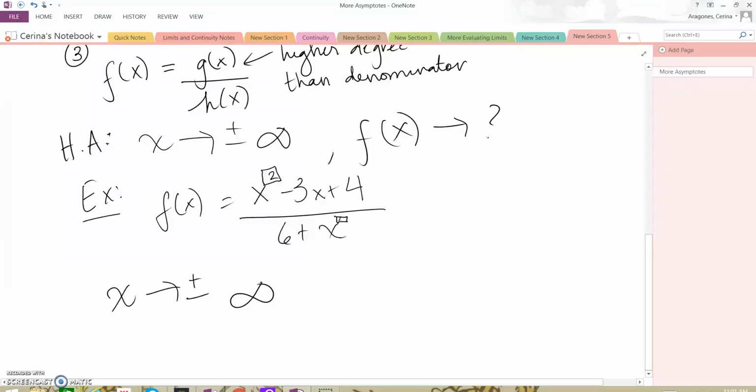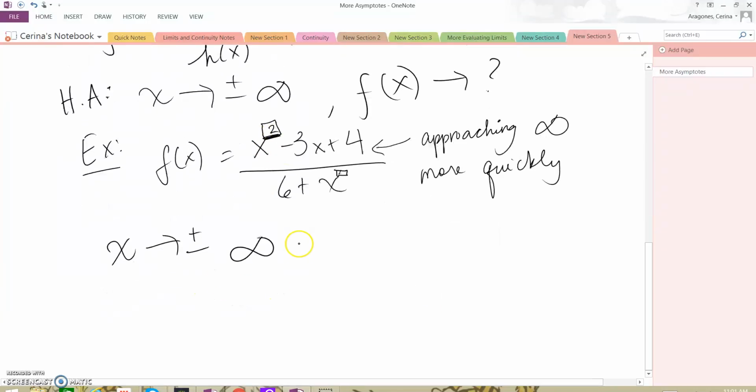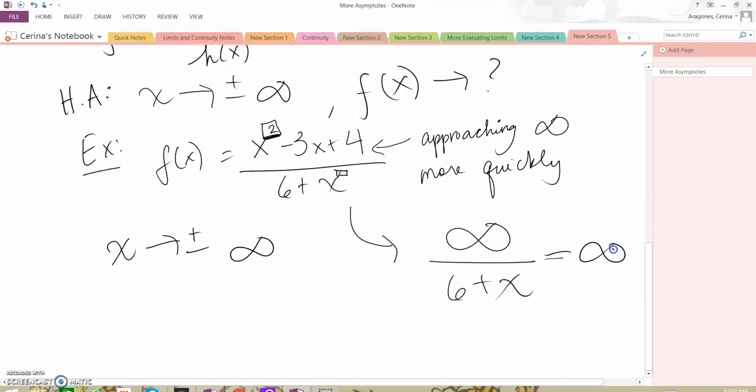Since my numerator has a higher degree, the numerator is approaching infinity more quickly. Just because it has a higher exponent, it's growing much more quickly. So when x is approaching plus or minus infinity, this function grows to infinity over 6 plus x, which is just equal to infinity.